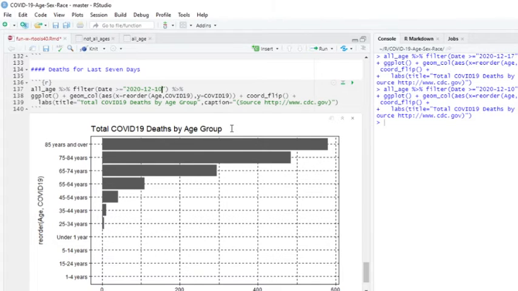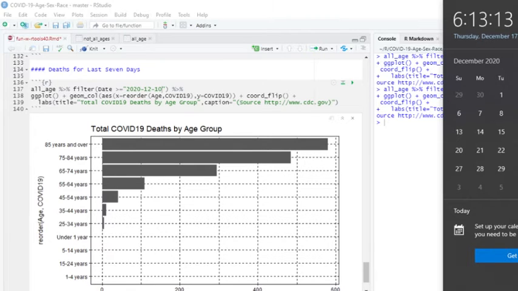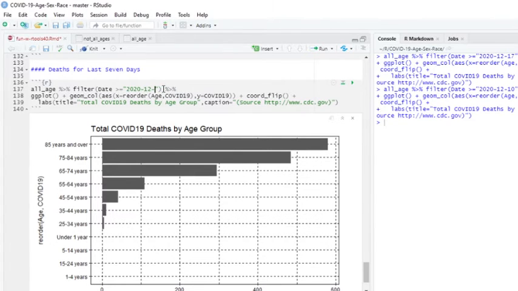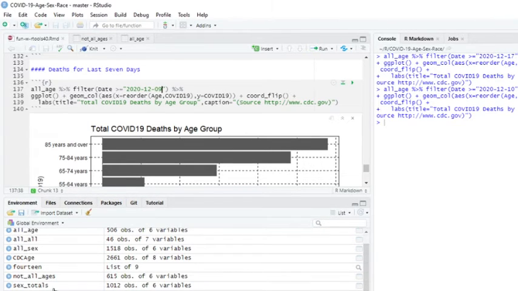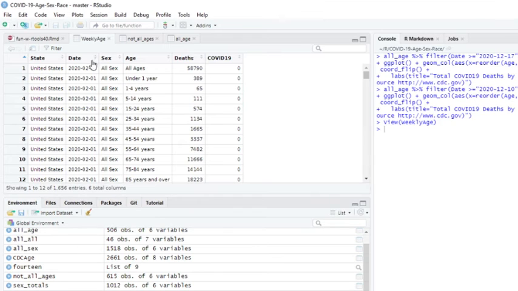So this should just be the data for the last week, right? From the 10th to the 17th, or the 10th to the 16th. This is a minor technical point. So December 12th.